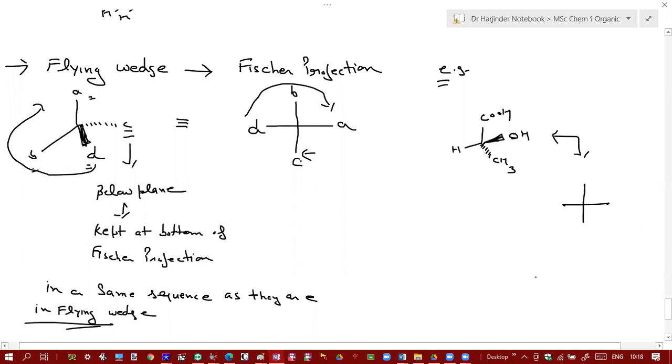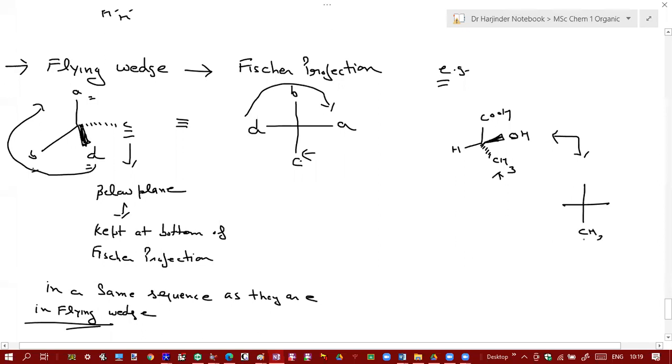This is your lactic acid. How will you convert it into Fisher? The group present on the dotted line should be written at the bottom in Fisher projection. So which group is on the dotted line? Methyl.